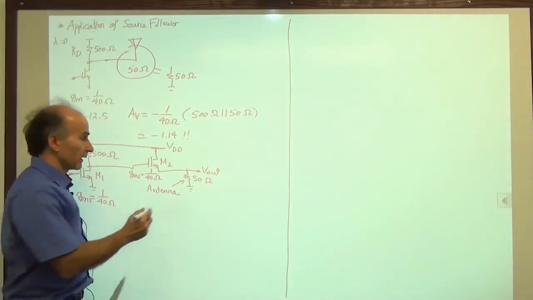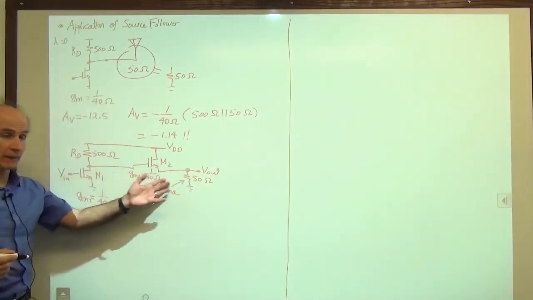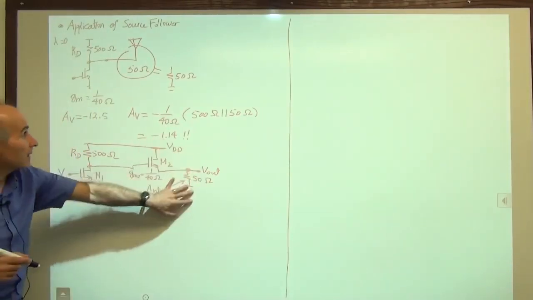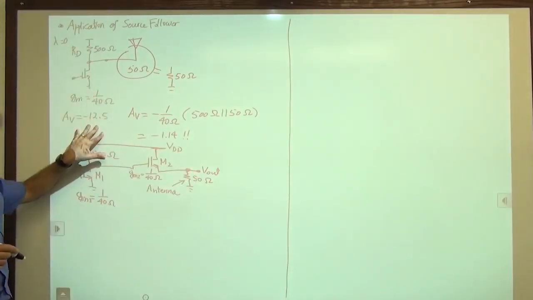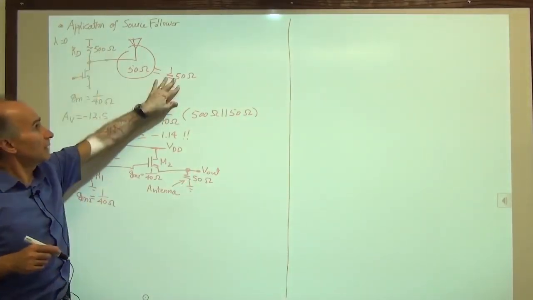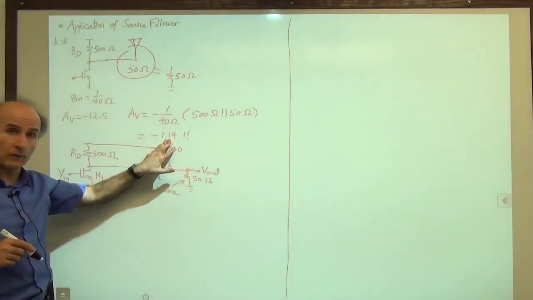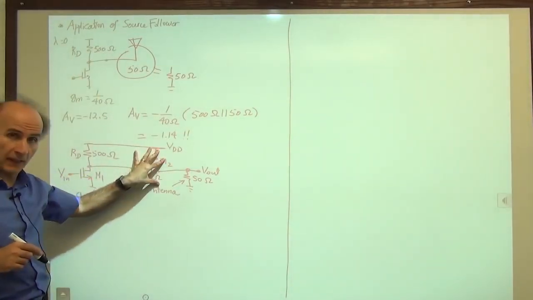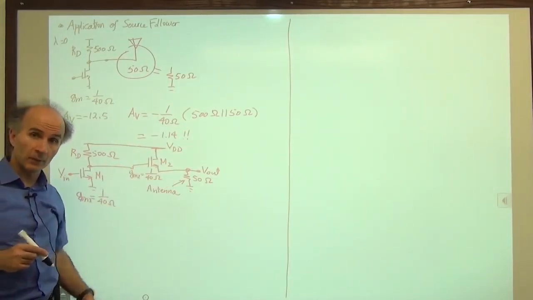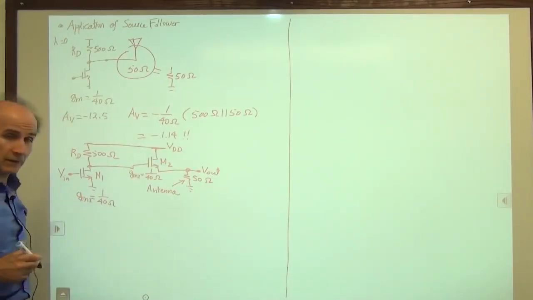And we are curious to see how much voltage gain we get now. Without all of this, we got 12.5. With directly driving the antenna, we got 1.14. With this buffer stage, do we get something reasonable? Okay, so that's not that hard.